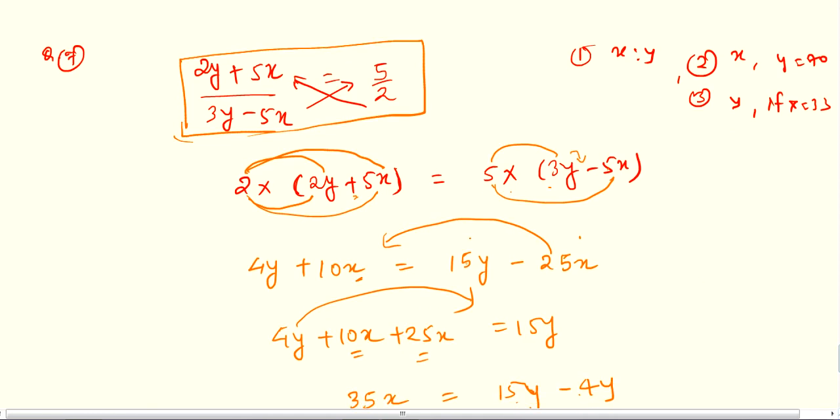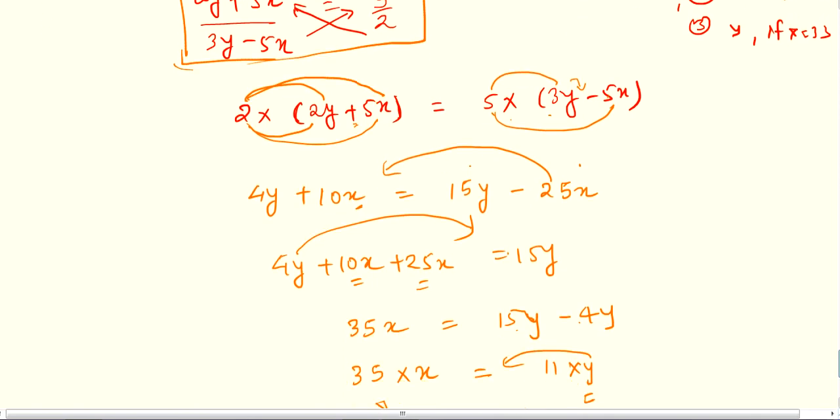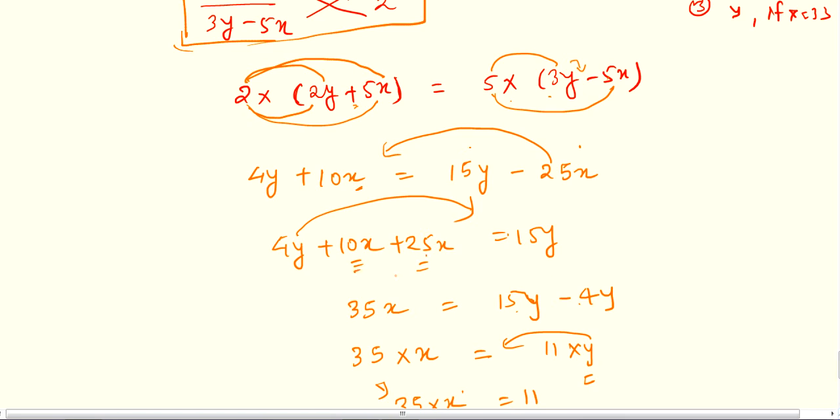Now we have to separate x and y. For that, first we transpose 25x to the left-hand side, then in the second step we transpose 4y to the right-hand side. So 10x plus 25x will give you 35x, then 15y minus 4y will give you 11y.